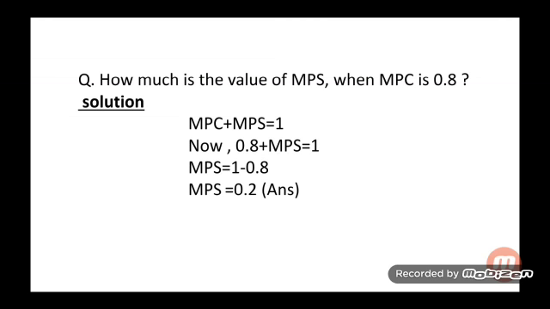The same formula I have used here: 0.8 plus MPS is equal to 1, because MPC is 0.8, MPS we do not know. To calculate MPS, MPS is equal to 1 minus 0.8, that is 0.2.